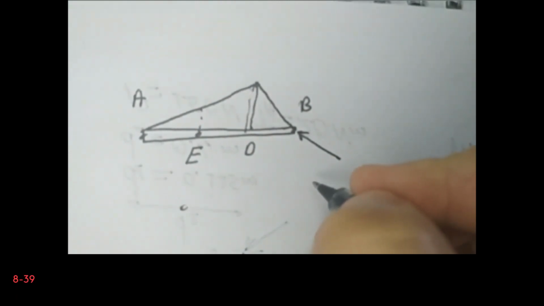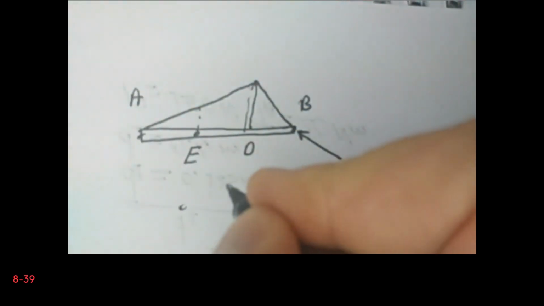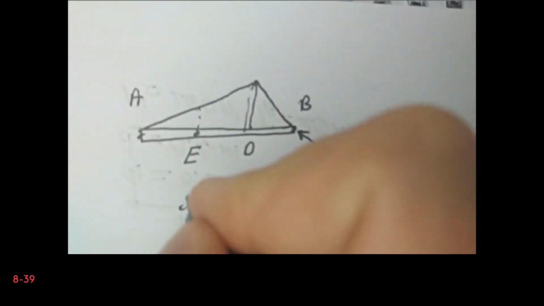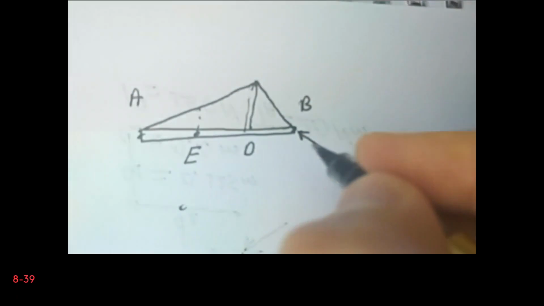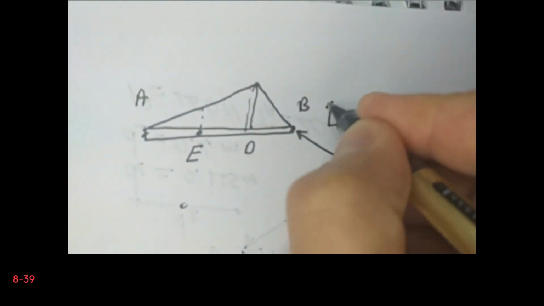If we choose X as the horizontal and Y as the vertical coordinate system, so at point A we have two forces, FAY and FAX, and this is the force at B.